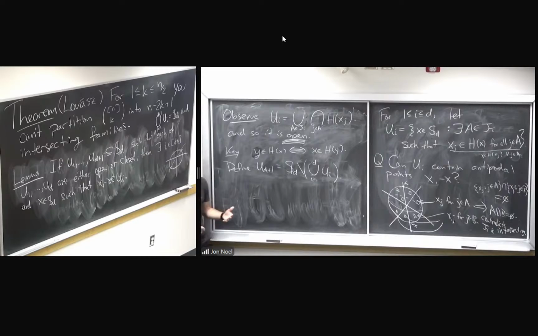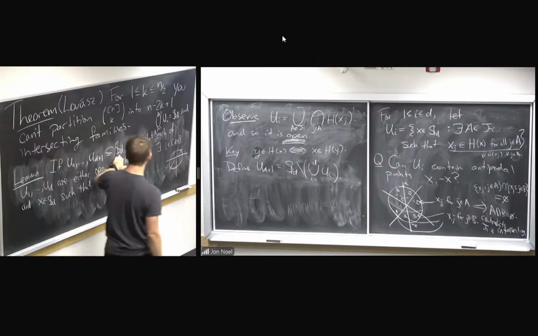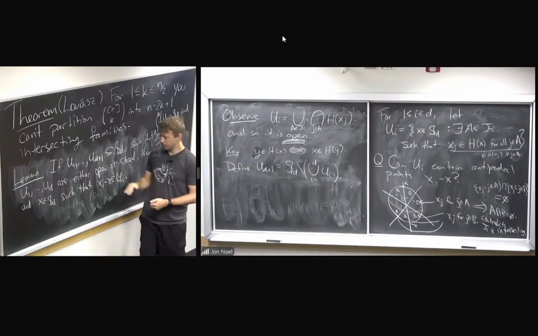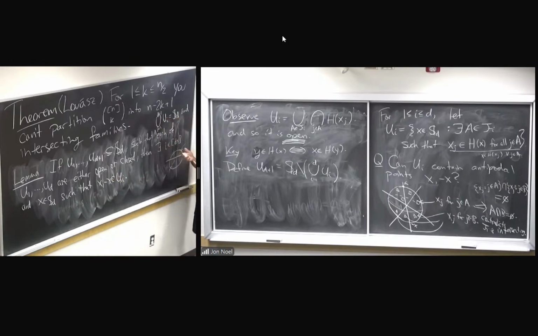So we check the conditions of this lemma. u1 up to u(d+1) are all subsets of the sphere. Their union is equal to the sphere because of how I defined u(d+1). For the first d of them, they're all open. So they're open or closed. So there must be an index where ui contains two antipodal points.